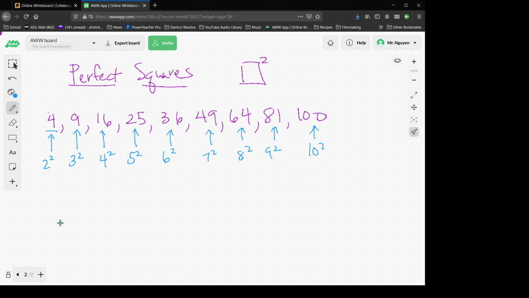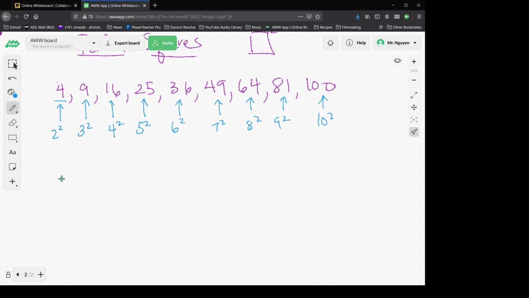I can even ask you a question like this. The area of this square is 36 centimeters squared. I'm going to ask you, what is the length of one side of the square?